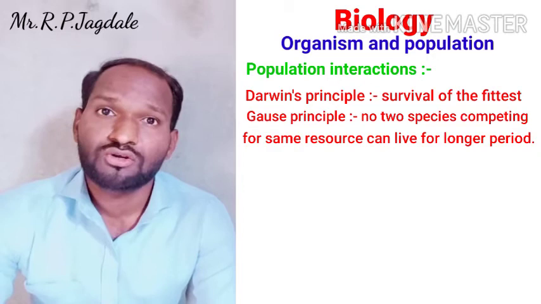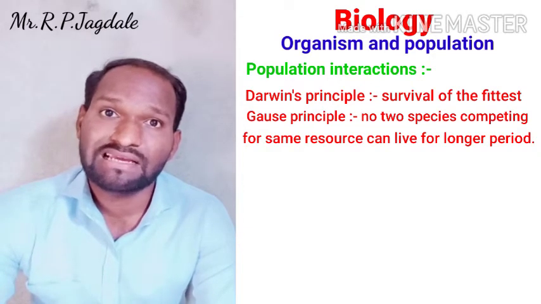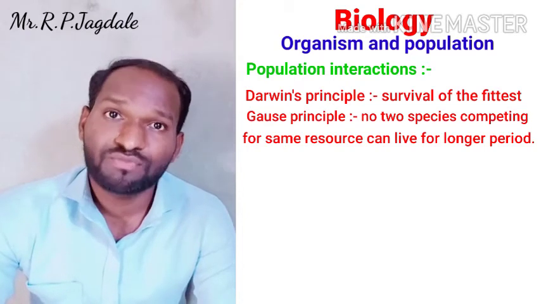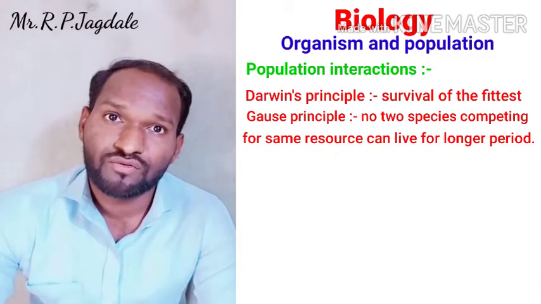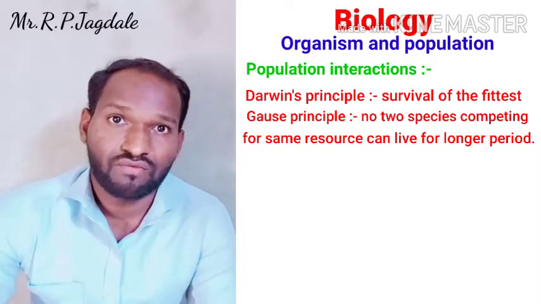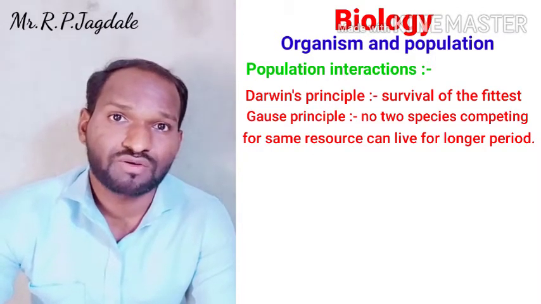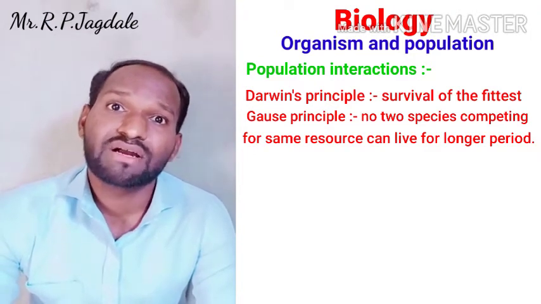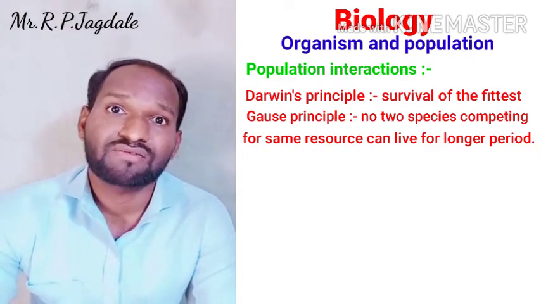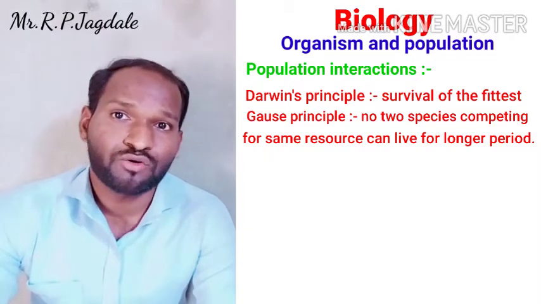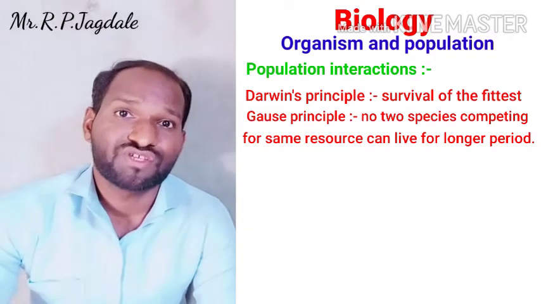One organism, the weaker one, is going to be eliminated, and the one who is fittest is going to survive. That means Darwin's and Gauss's principles are nothing but the same principle, survival of the fittest. The species who is fittest survives, and the weaker one is eliminated.